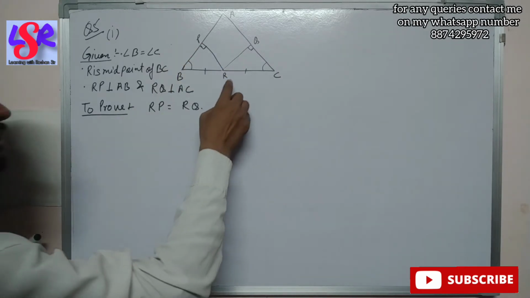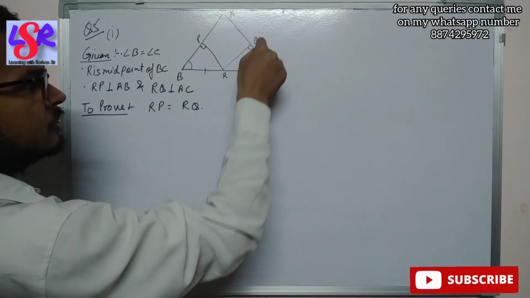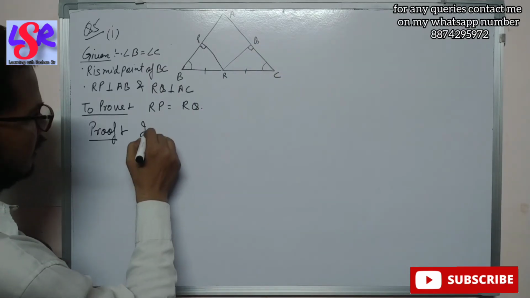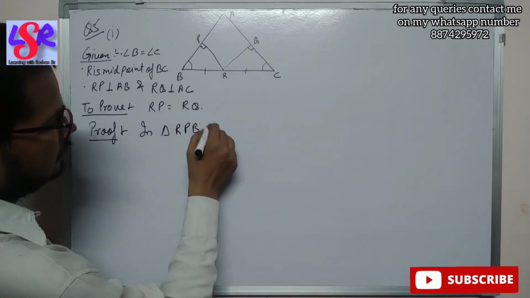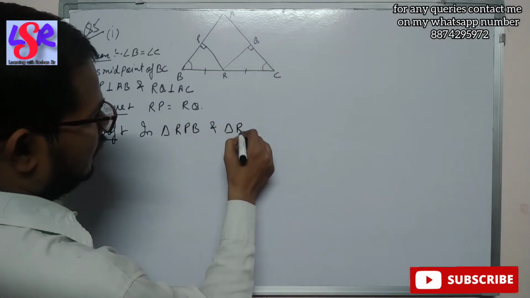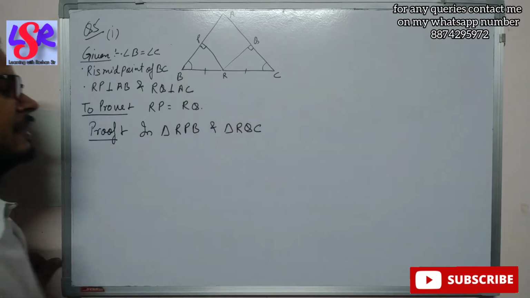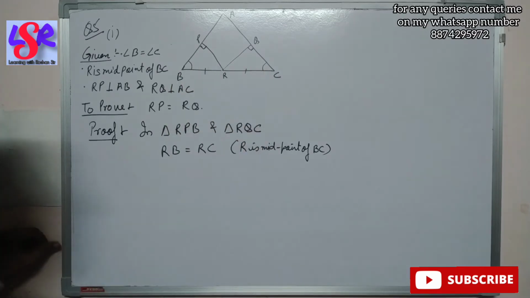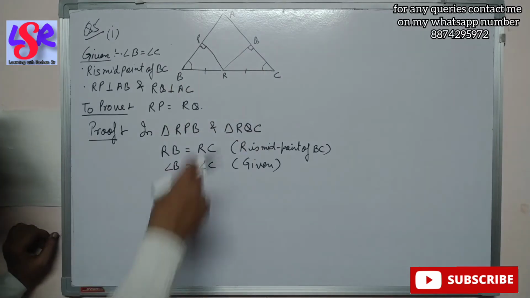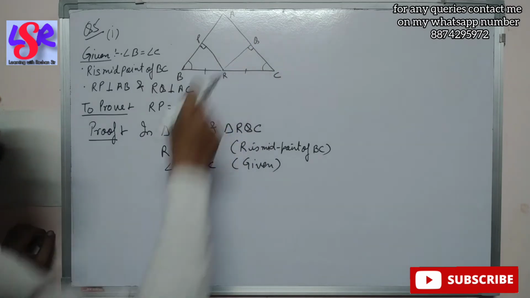Now for this we are going to prove triangle RPB is congruent to triangle RQC. So in triangle RPB and triangle RQC, RB will be equal to RC as R is the midpoint of BC. Then angle B will be equal to angle C, it has been given to us. And angle RPB will be equal to angle RQC, 90 degrees each.